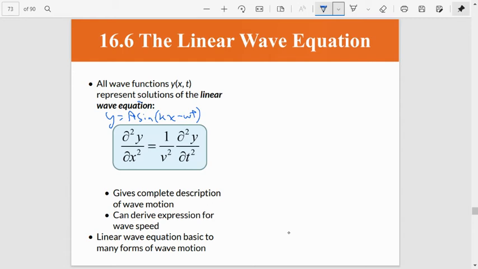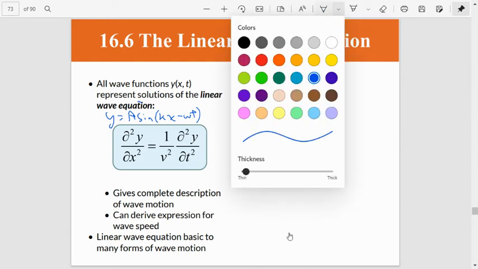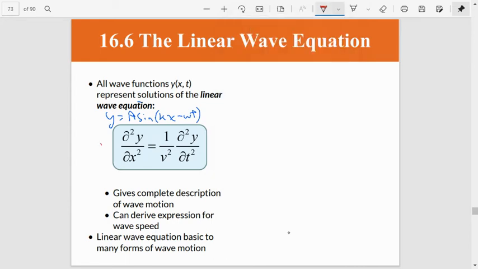The linear wave equation, as is, actually holds a lot of information about the motion, since it talks about the spatial component of the wave in relation to the temporal component. So what we have on the left-hand side is a second-order derivative with respect to x. And in the case of the sinusoidal equation, x talks about the entire span of the string.